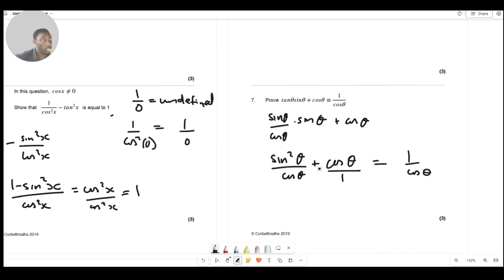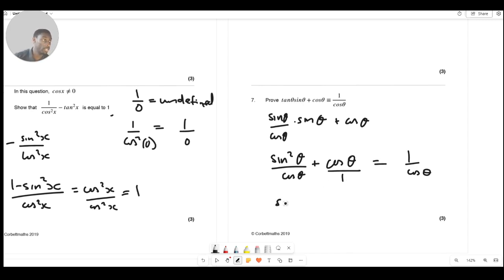Now, if I want to have the same denominator, I can multiply everything by cos theta. So if I multiply my sine squared theta over cos theta, this will give me sine squared. But now, if I multiply cos theta by cos theta, I'll also have underneath cos theta.